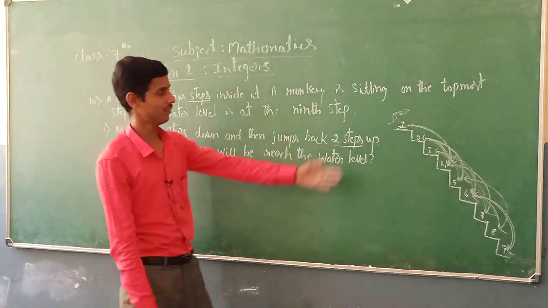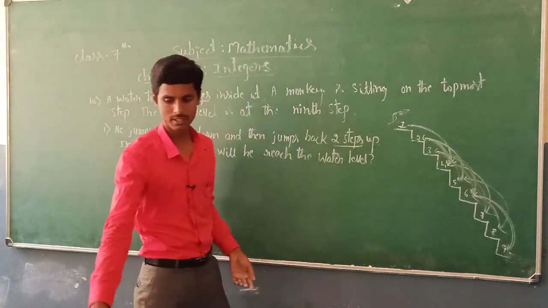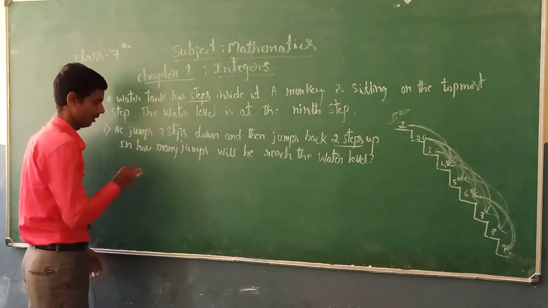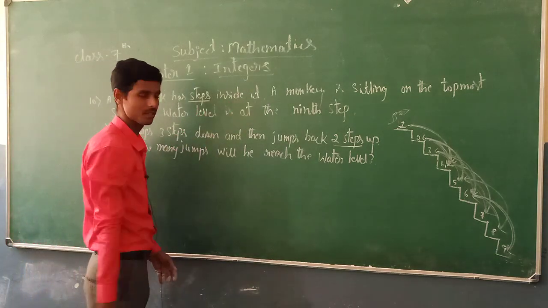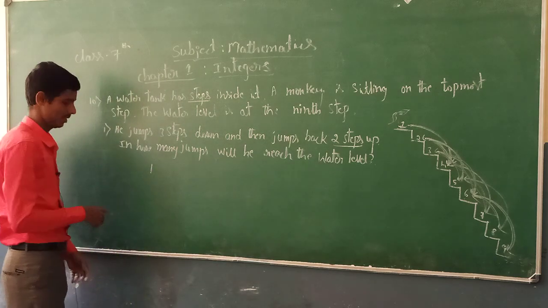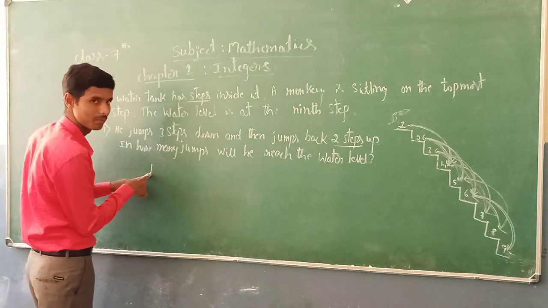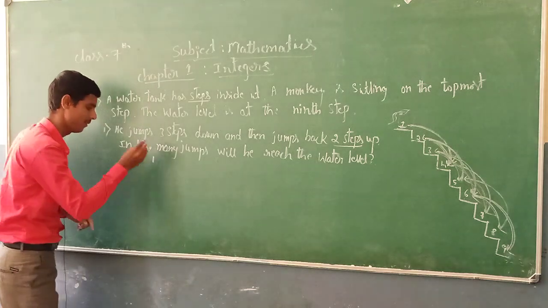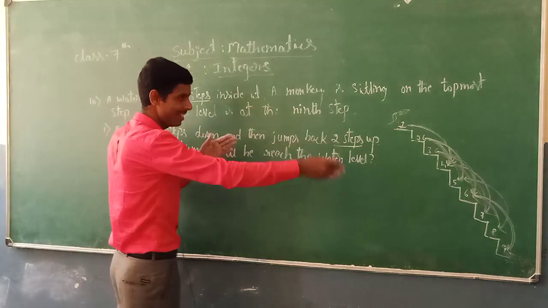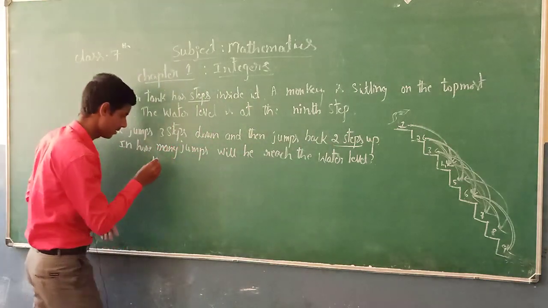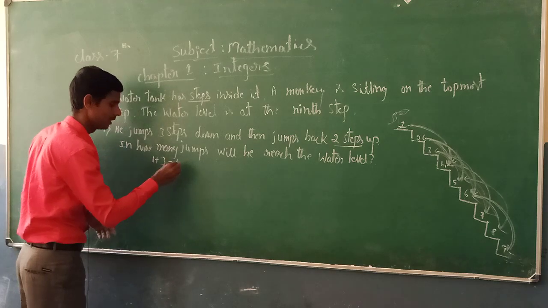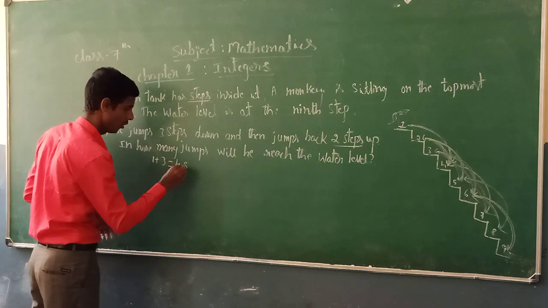Okay, that is in case of diagram. Let's see how to solve using integers. Okay. Monkey is in first step. Plus 3 steps he will jump. So 1 plus 3 is 4. This is 4th step.